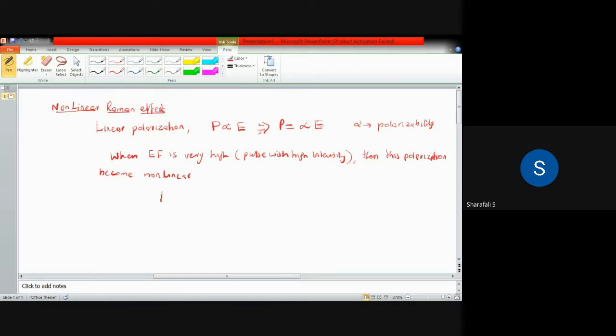So then you have to write your polarization as P equal to alpha E plus some additional terms: half beta E square plus one-sixth gamma E cube, and so on.